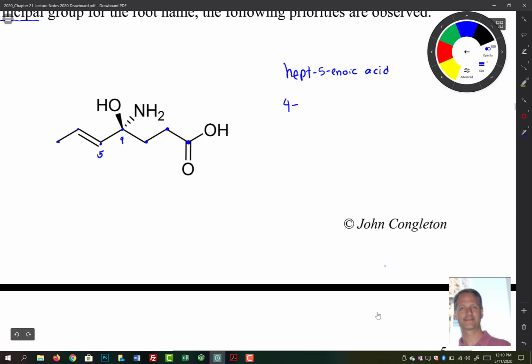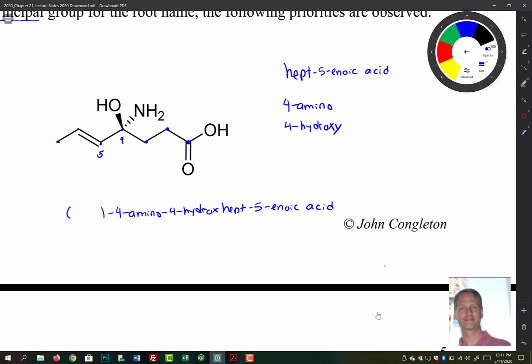And then we have a 4-amino and a 4-hydroxy. So then that gives us a 4-amino, 4-hydroxy, and then hept-5-enoic acid, and then some stereochemistry to consider here.